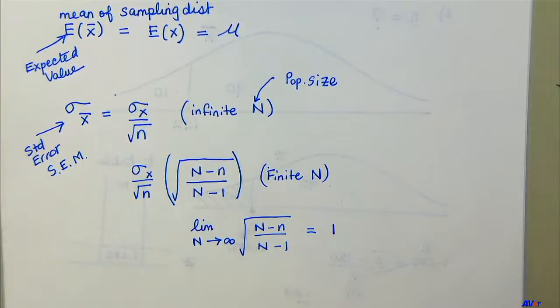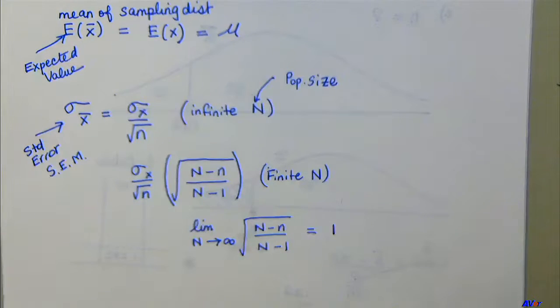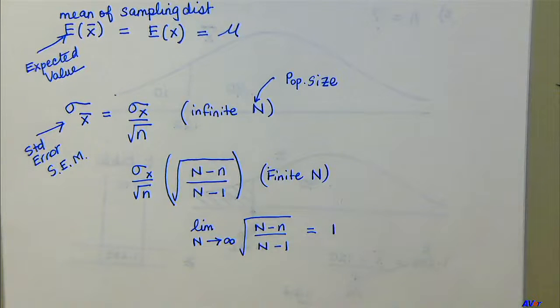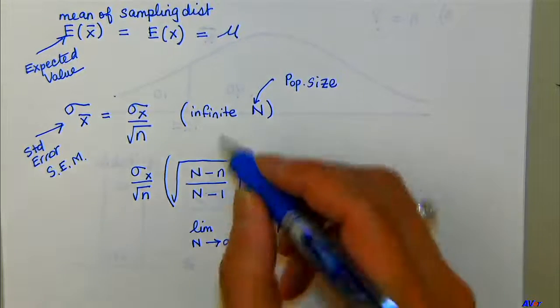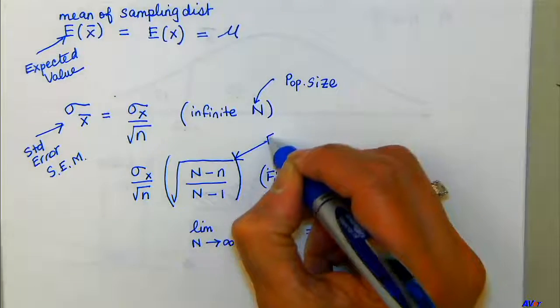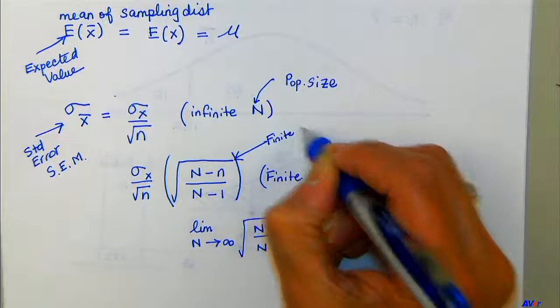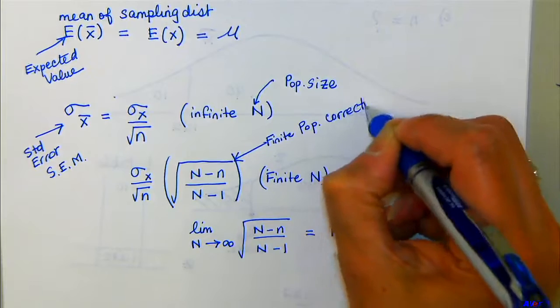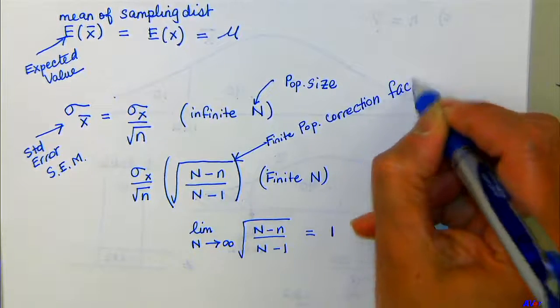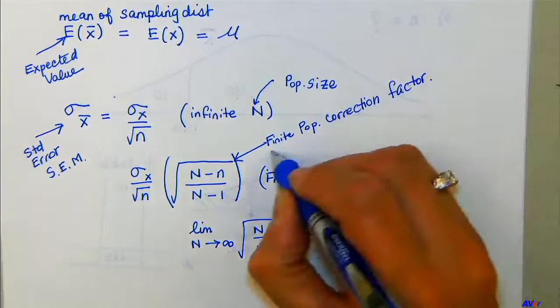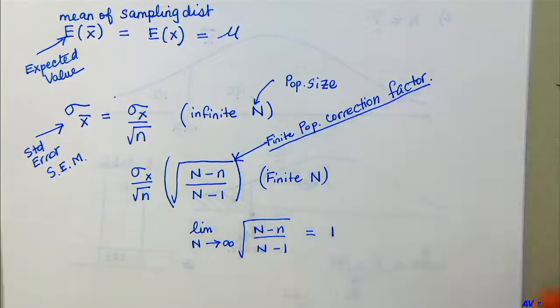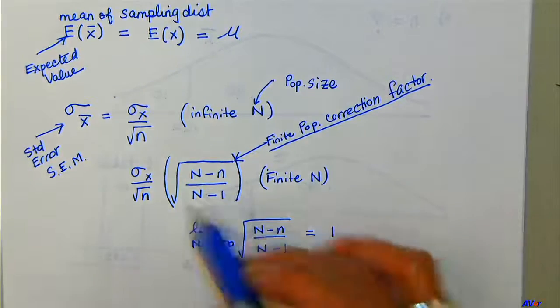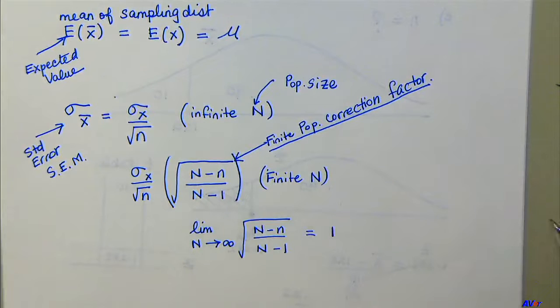So for the extra credit, I would like you to show this for a small little population. I'm going to explain that to you. This, by the way, is called the finite population correction factor, the square root of capital N minus n over N minus 1.